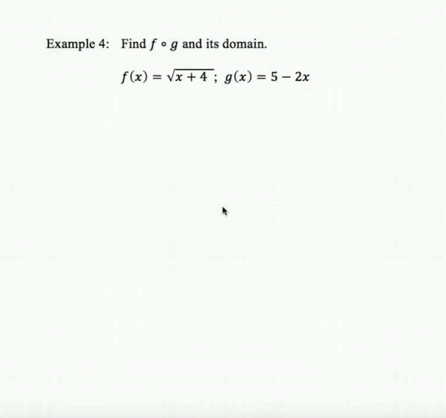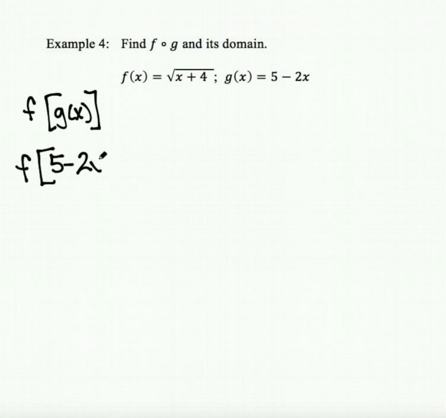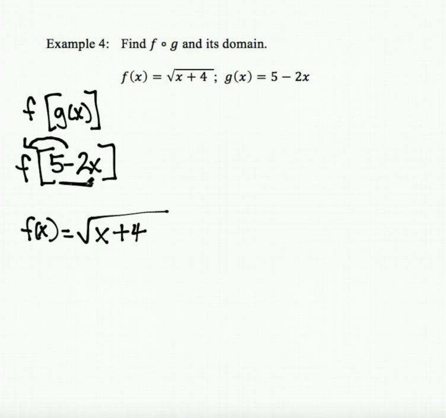Example 4, find f of g and its domain. So similar to the last problem, we're finding f of g of x. Which means we're finding f of 5 minus 2x. So I'm going to take 5 minus 2x and plug it into my f function. Here's my f of x function, square root of x plus 4. So I'm going to take this 5 minus 2x and plug it in for that x right there.